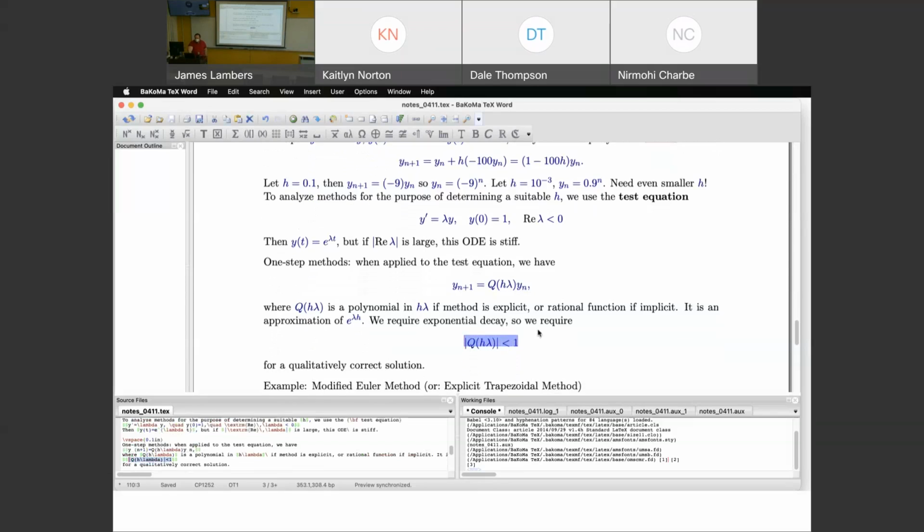We can analyze this function that comes from the one-step method and require that it has this property from the test equation. And that gives us an idea of how small the time step needs to be in terms of lambda.